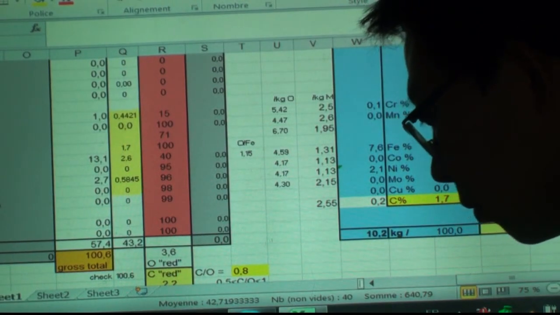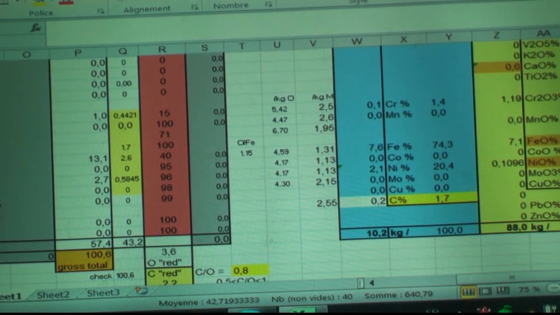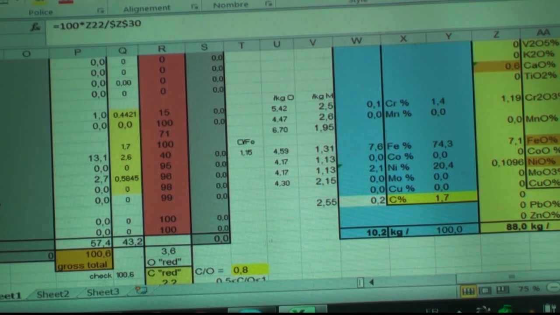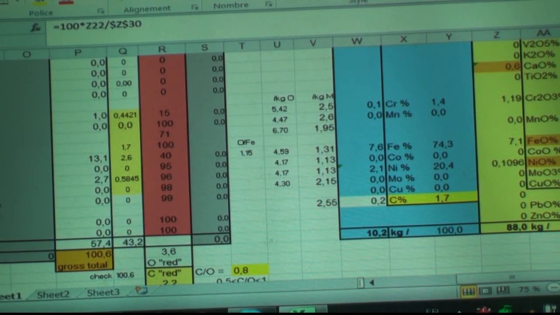That is correct. But what is not correct is that they have less iron in the slag. And this I cannot explain, because our balance is correct. There is a discrepancy somewhere, you understand? The mass and material balance is okay. And the next step.